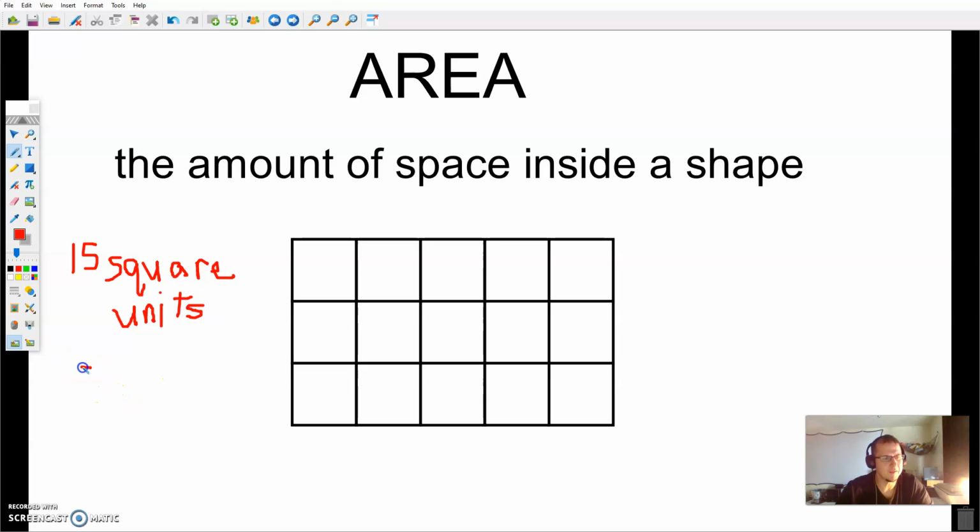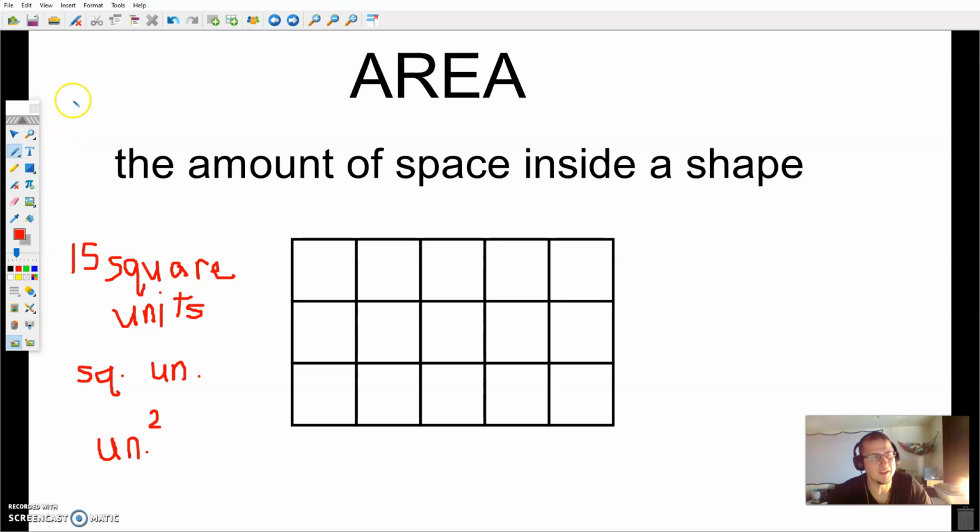You might see that abbreviated as SQ period UN period, square units. You might also see it even shorter hand than that, units squared, bringing in that idea of the exponent. So 15 SQ UN is 15 square units, or 15 UN to the second power is 15 units squared.